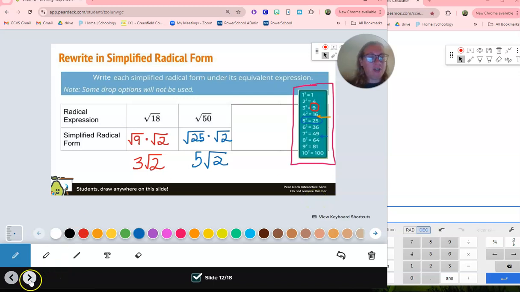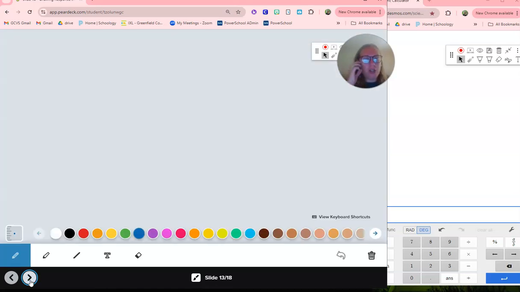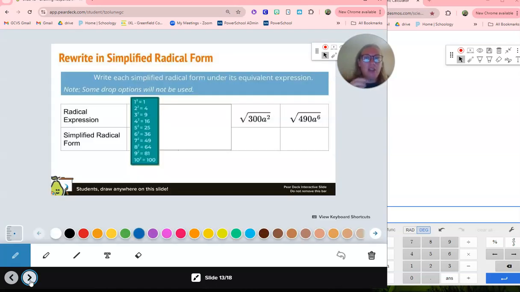Push to slide 13 when you're ready. We're going to do 2 more like this. We have the square root of 300a squared. 300 is not a perfect square, but the number 100 goes into it. So this is the square root of 100 times the square root of 3, and then we also have the square root of a squared.